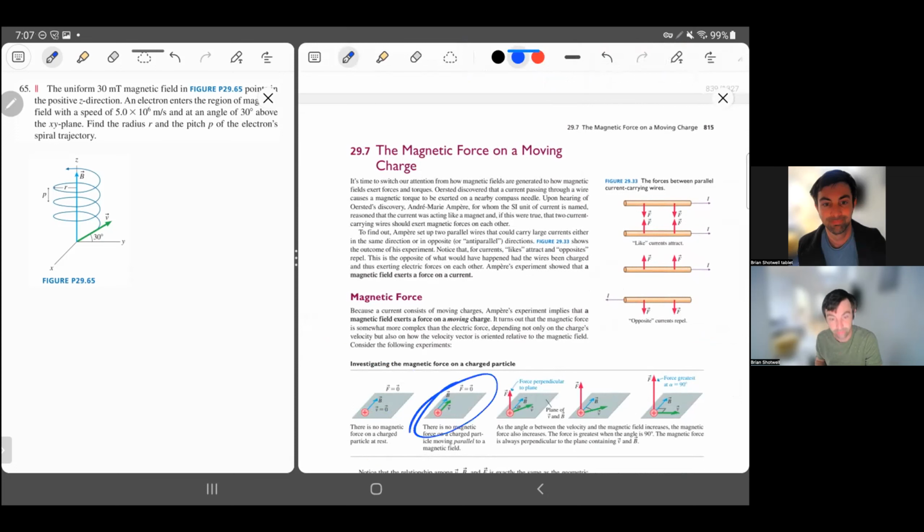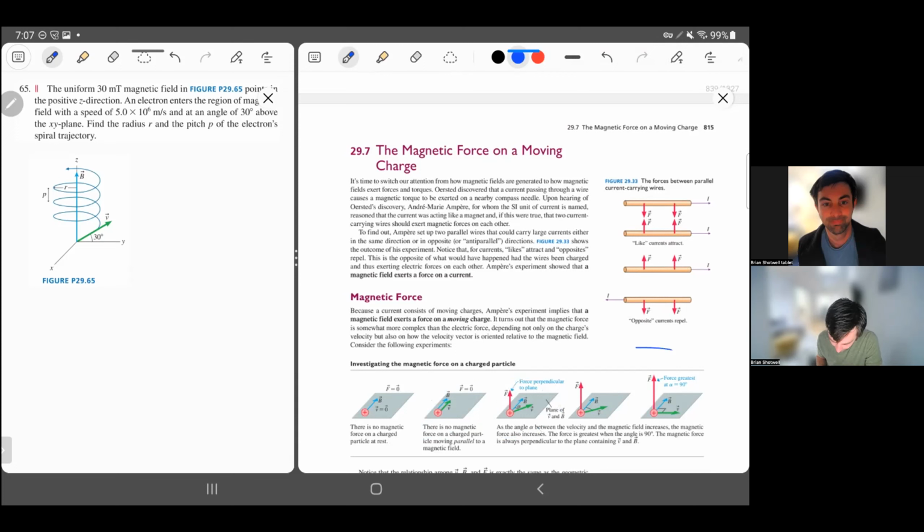Another interesting thing is that if the positive charge moves in the same direction, either parallel or anti-parallel to the magnetic field direction, then the force is also 0. So the only way that you have a non-zero magnetic force on a charged particle is if some component of its velocity is perpendicular to the magnetic field.